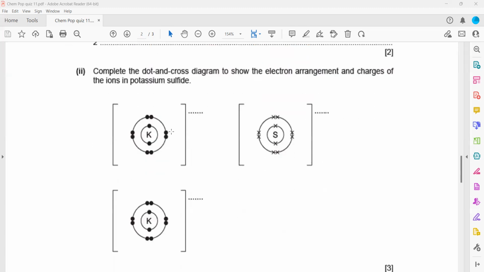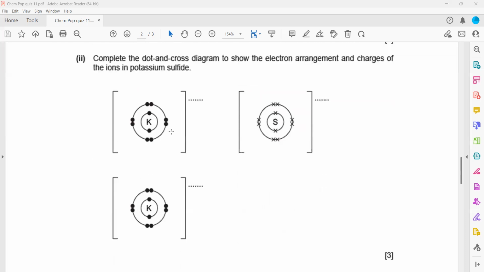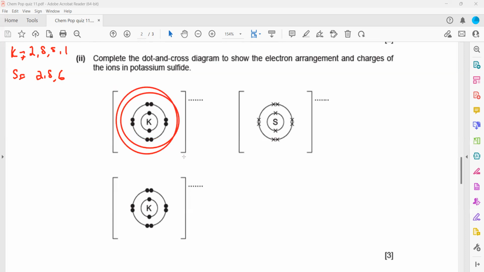Then complete the dot and cross diagram to show the arrangement of electrons and the charges in potassium sulfide. The electronic configuration for a potassium atom is 2, 8, 8, 1. Sulfur has atomic number 16, so it is 2, 8, 6. First we have to complete their shells. Potassium is 2, 8, 8, 1.